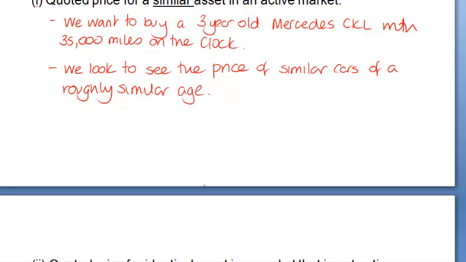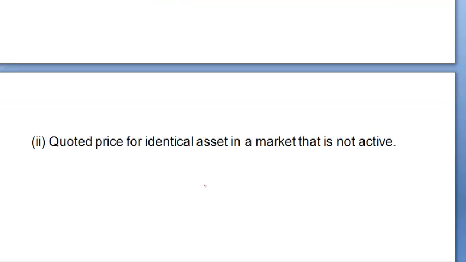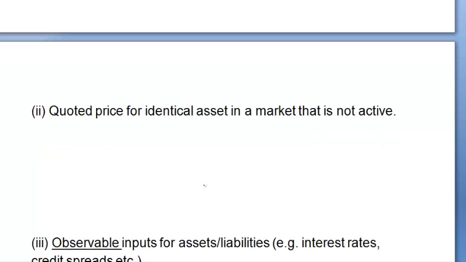So that's one thing we could do, or we find the price for an identical asset in a market that is not active.